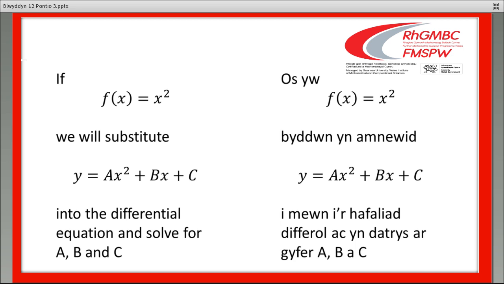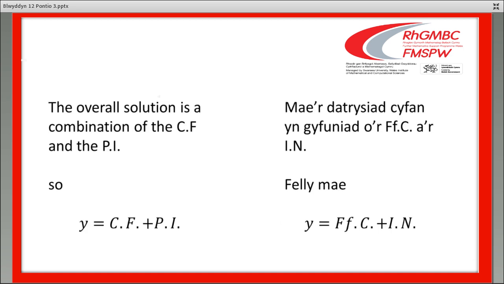Now, as I say, the overall solution to this is literally you solve it as if it's equal to 0 and get the complementary function, and then you find the particular integral and you just literally add the two together. And that is how you get your solution for a second order differential equation.